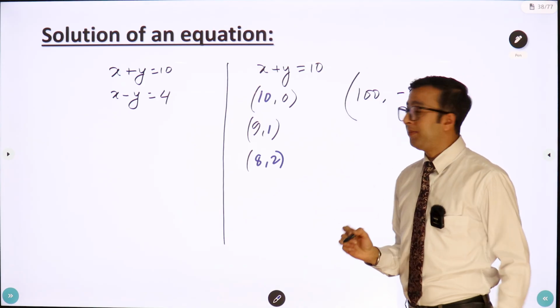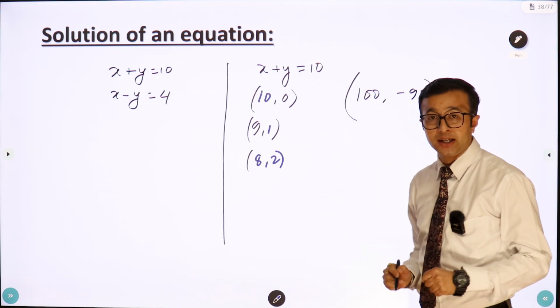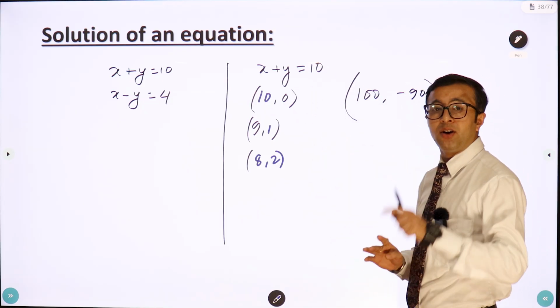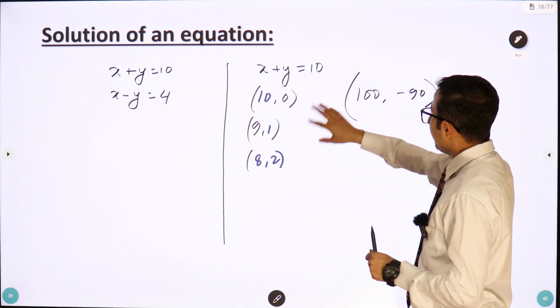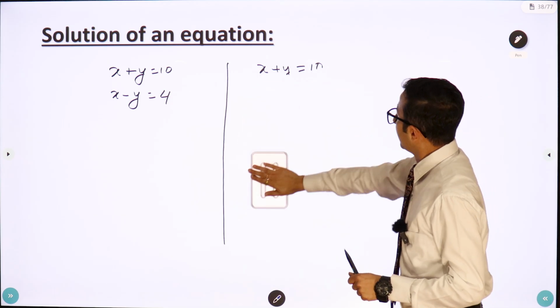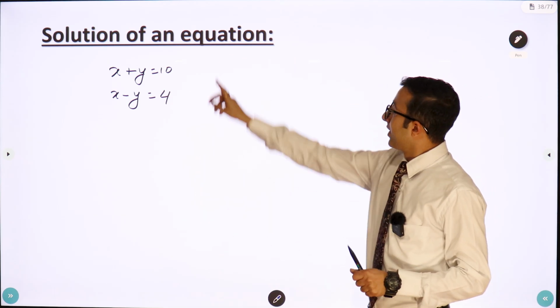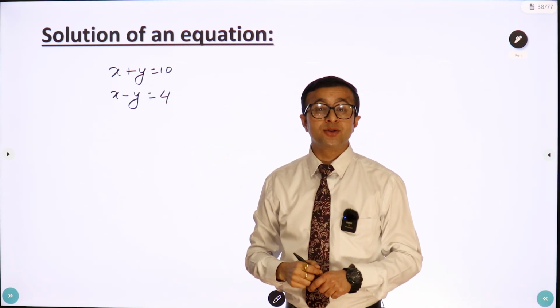If the value of x is 100 and the value of y is minus 90, still you get 10. It means that if you have only one equation and two variables, we will get infinitely many solutions. But look here, in this case we have two equations and we are supposed to find the values of x and y.